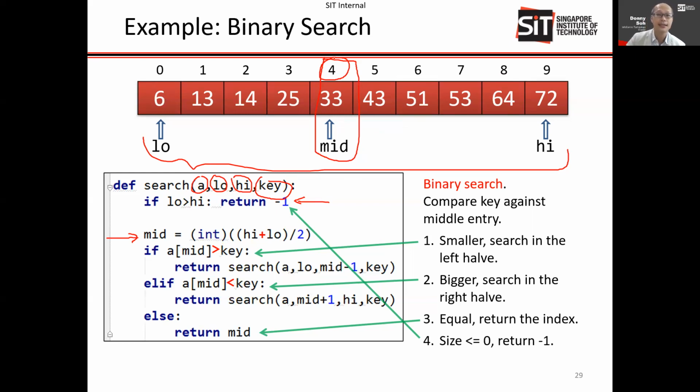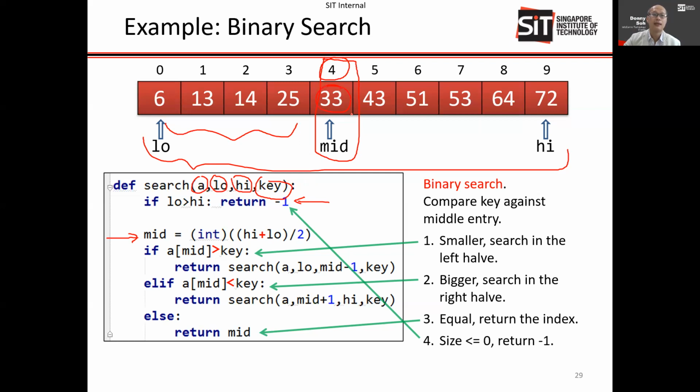What happens then is I compare this middle item with my key. If my middle item is bigger than my key, I'll search this part.